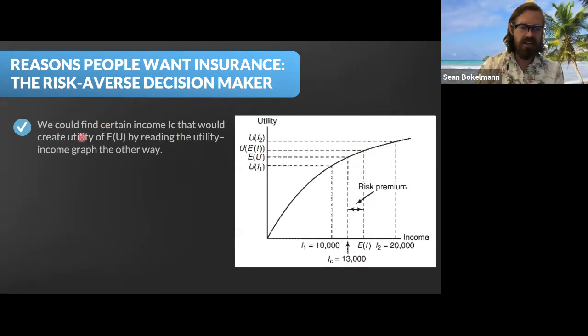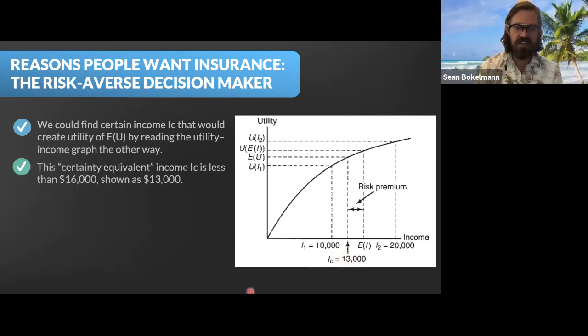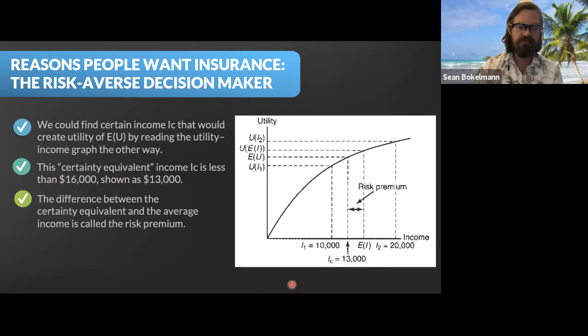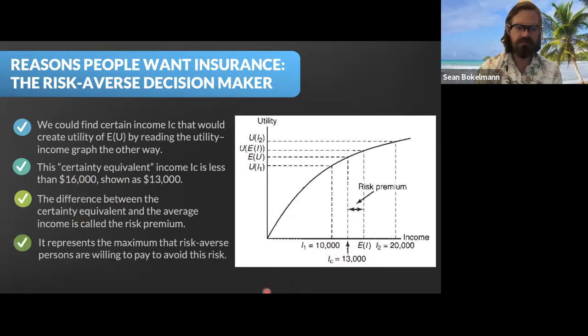And like I showed you just a second ago, we could find that certain level of income from the utility over to the utility function and down to income, right? And there it is. So this is what's called a certainty equivalent income, right? And as I've pointed out, it's less than the expected income of $16,000. And the difference between those, again, is the risk premium.